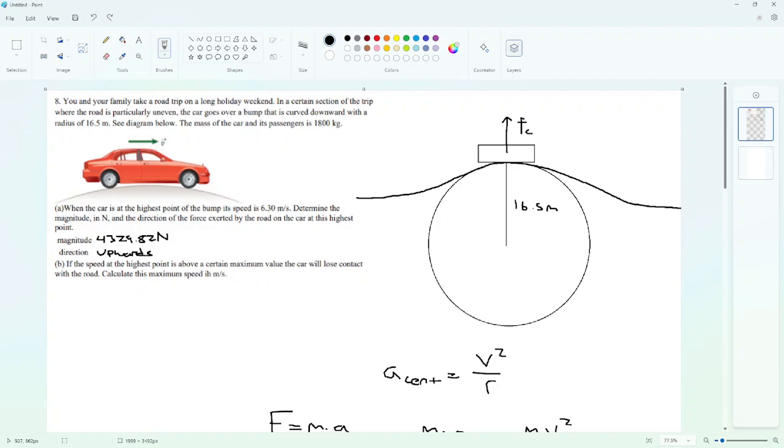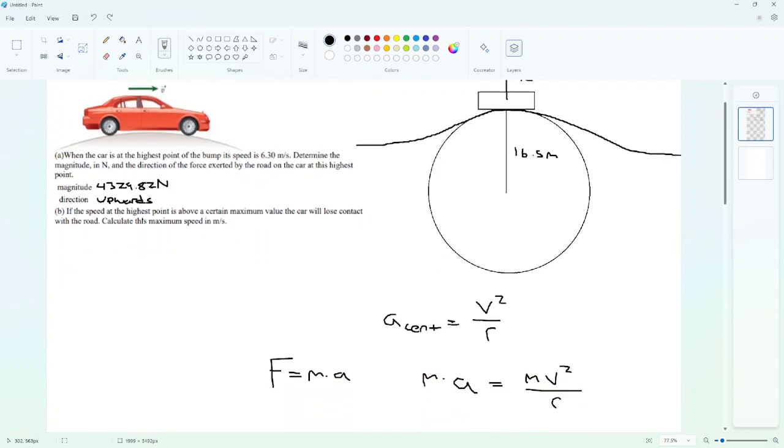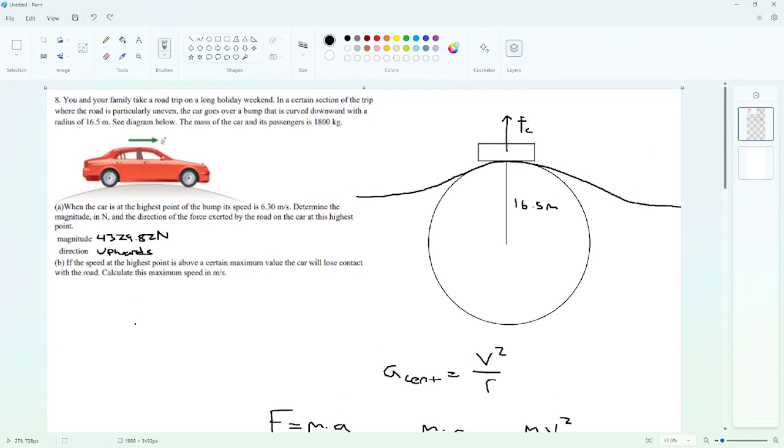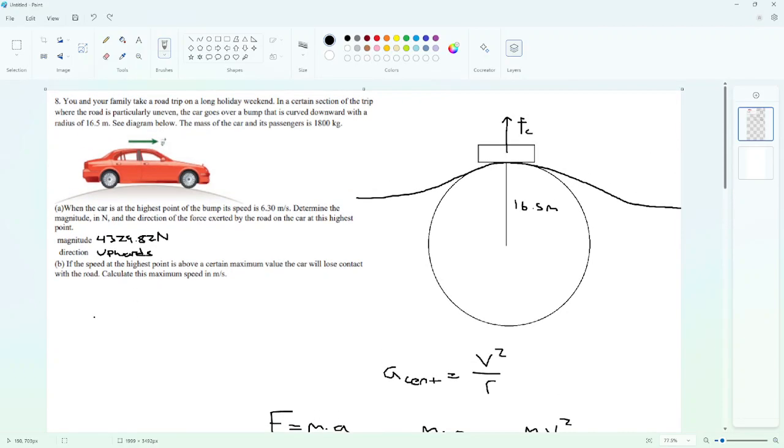So if the speed at the highest point is above a certain maximum value, this car will lose contact with the road. Calculate this maximum value in meters per second. So let's see. When does this happen? This happens, as I did mention earlier, when the force of gravity is less than the force centripetal.